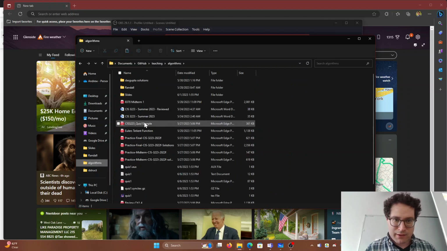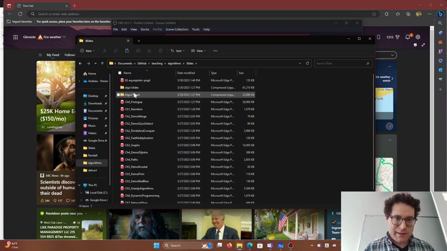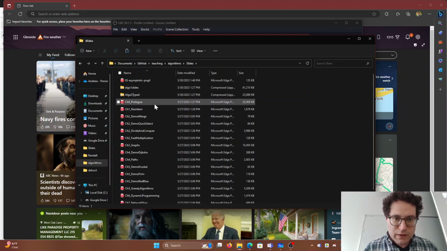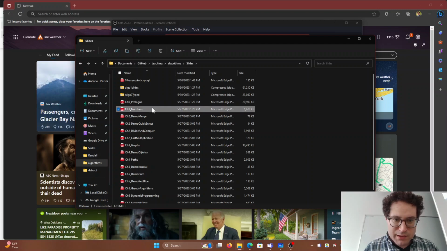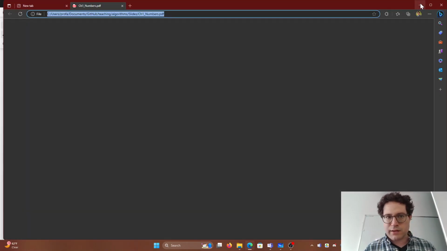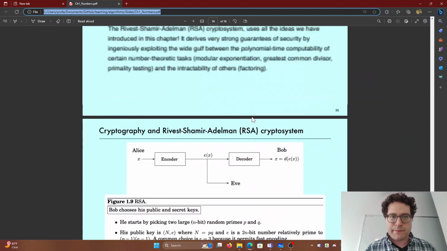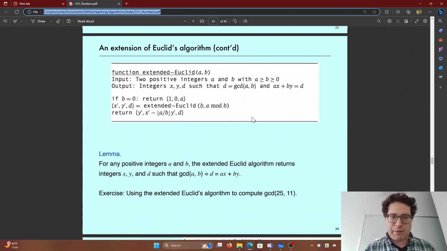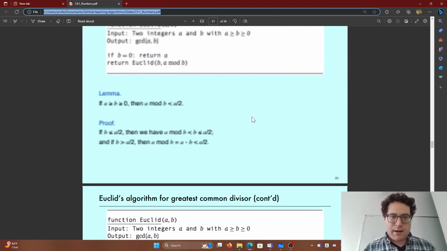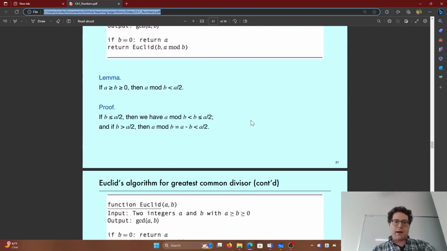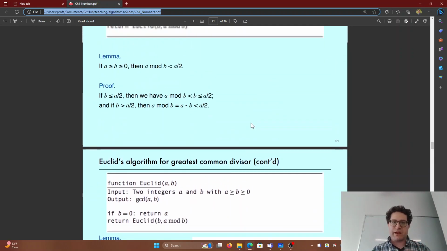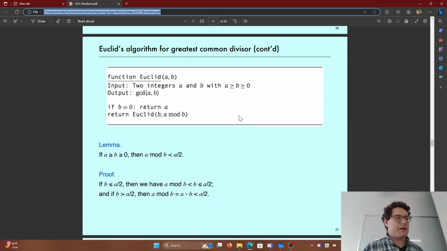Okay, algorithms, slides. So we left off on numbers, and I was going through the slides last time. Now, we introduced the Euclidean algorithm for the greatest common divisor.